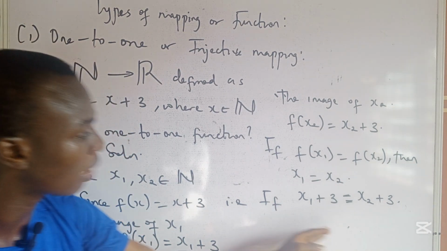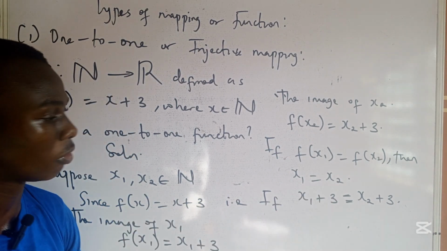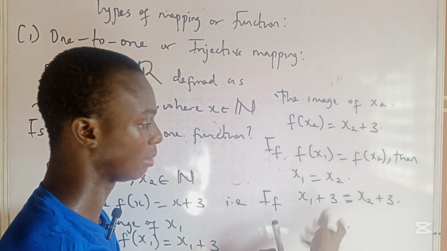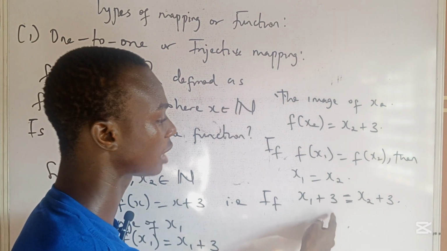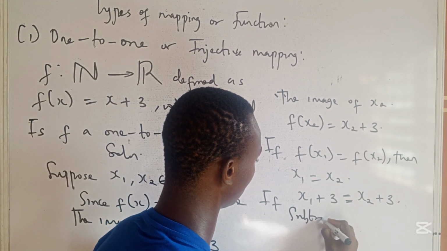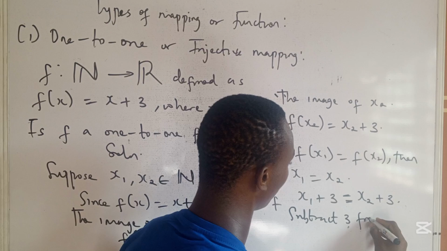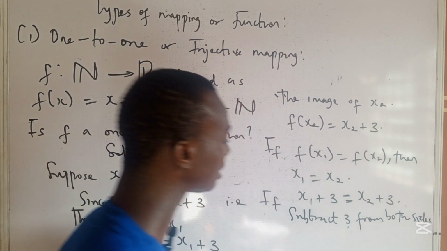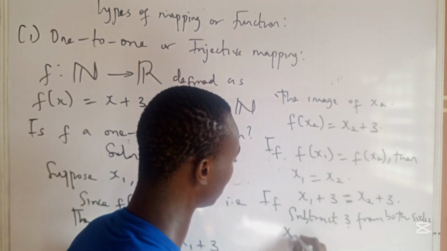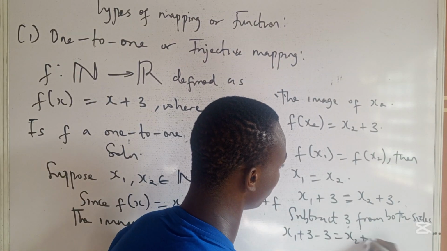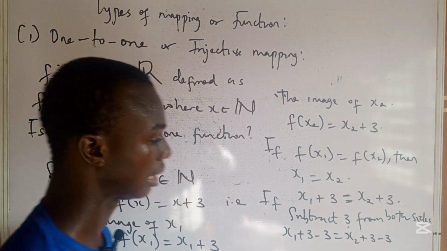Now, for me to have x1 equals x2, from our knowledge of algebra, to simplify this further, we can just subtract 3 from both sides. So x1 plus 3 minus 3 equals x2 plus 3 minus 3.